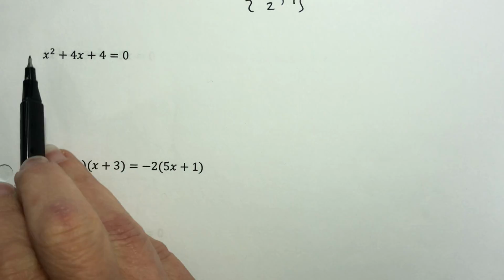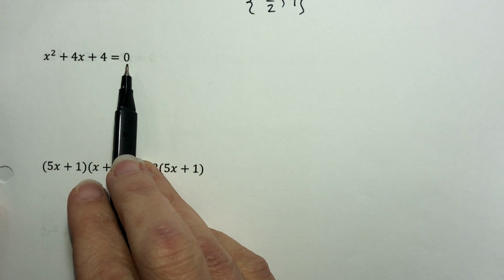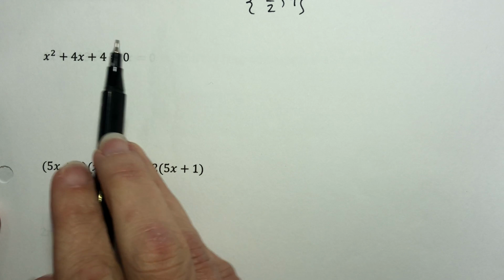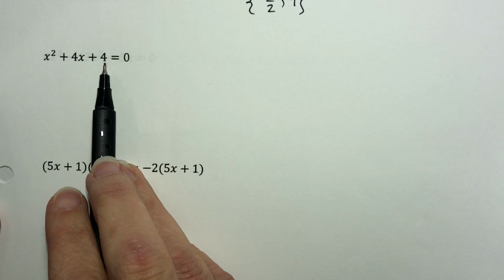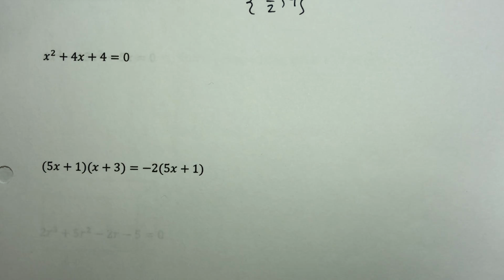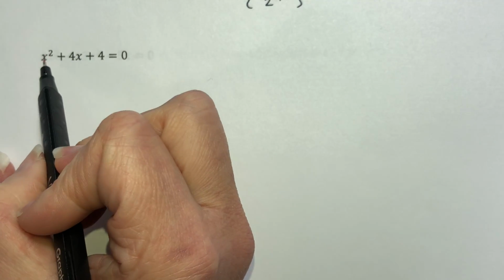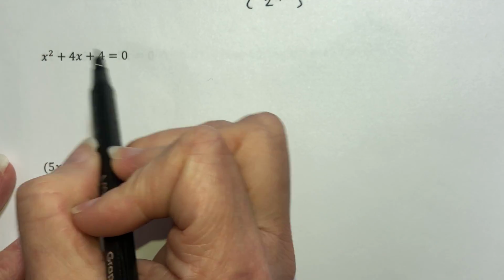Okay, so let's work this problem. They already have a 0 for us, which is great. I do not have a GCF. I have 3 terms. Do I have perfect squares on the ends? Yes. So let's check to see if we have a perfect square trinomial. To do that, we ask ourselves what the square roots of the ends are.